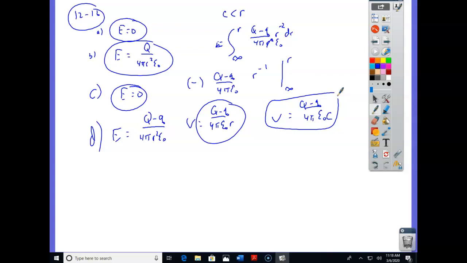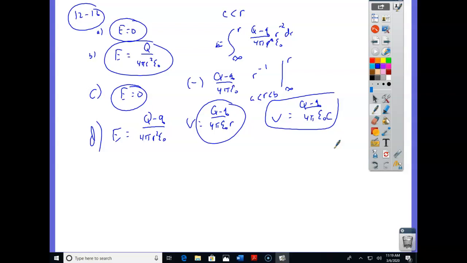Now we got to go from A to B. Now, between them, what do I do? Now I'm going to use this electric field, aren't I? So I'm going to do this to get to the outside, plus the difference between those two, right?